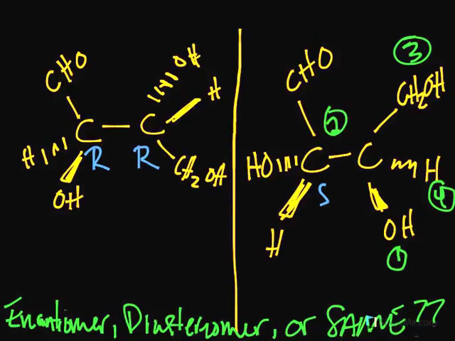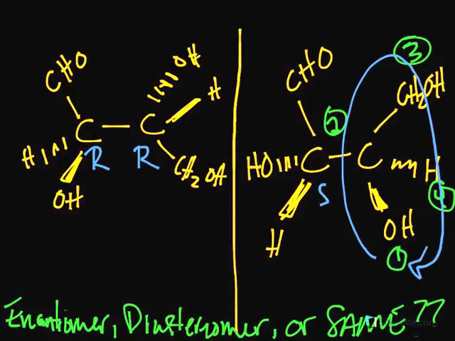Okay, so let's go ahead and do our clockwise, counterclockwise motion. In this case, we can easily do that because the hydrogen is already in the back here. So the hydrogen is already pointing towards the back, which is exactly what we want.